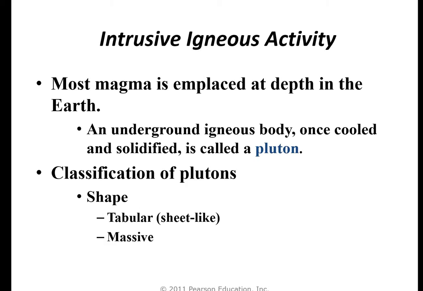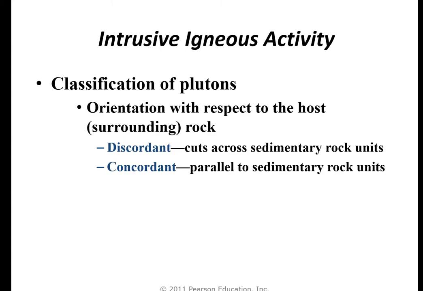Most magma is in place at depth in the earth. An underground igneous body, once cooled and solidified, is called a pluton. They have various shapes, including tabular, which is a sheet-like shape, and massive. A discordant pluton cuts across sedimentary rock units, and a concordant pluton is parallel to the sedimentary rock units.